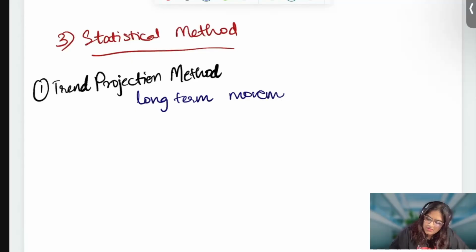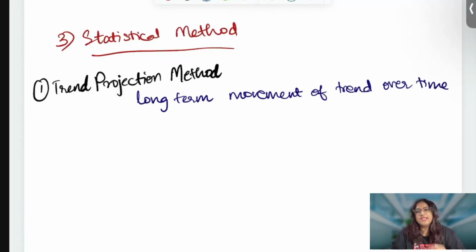In simple words, it examines the past data, usually time series data, and identifies the pattern or trend. If the demand has been steadily increasing over the years, we assume that the trend may continue in the future.